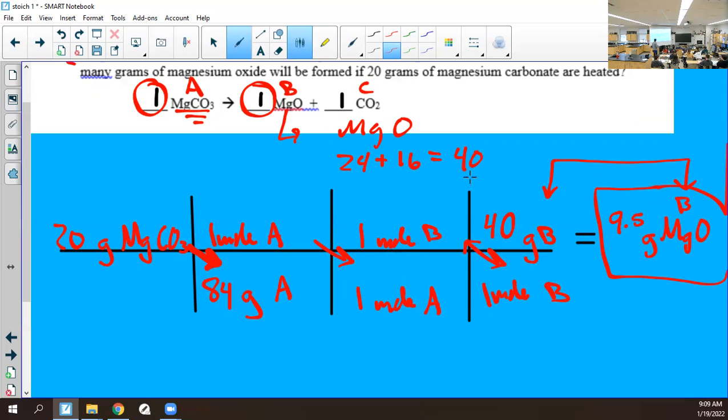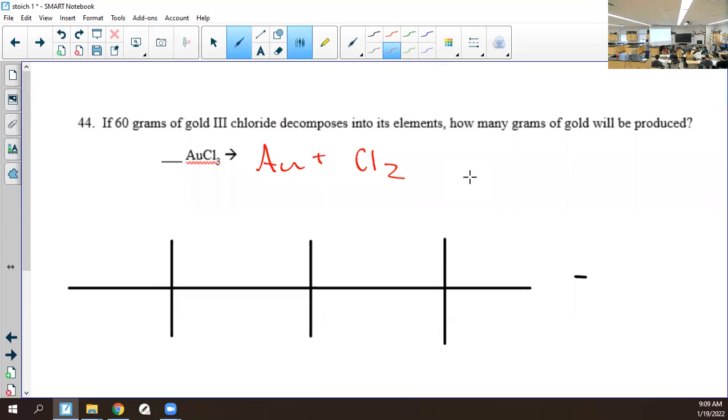Okay, next, number 44. I have this for you. It's a 2-3 swap, so a 2, a 3, and a 2. And then try that on your own for a few minutes.